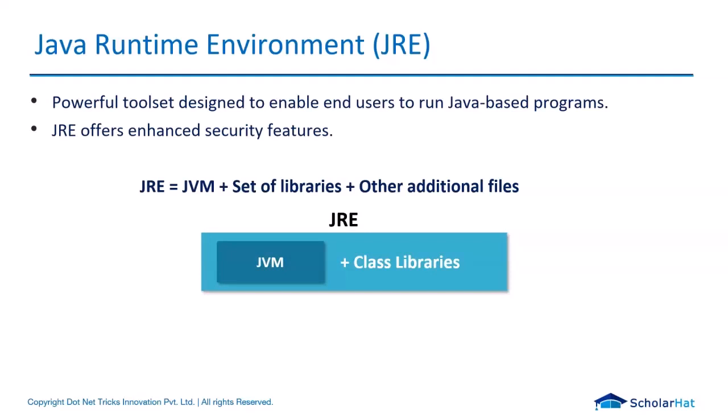The JDK consists of JRE plus development tools like compilers and debuggers. As I told you, JRE is the implementation of JVM. It physically exists and hence we can install this JRE.